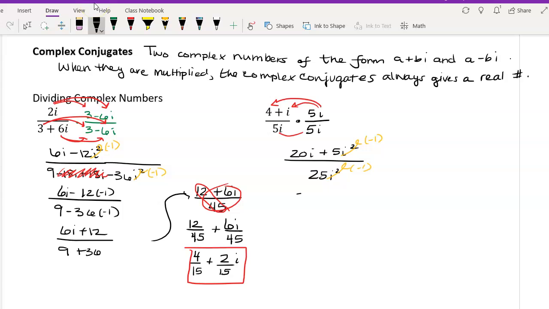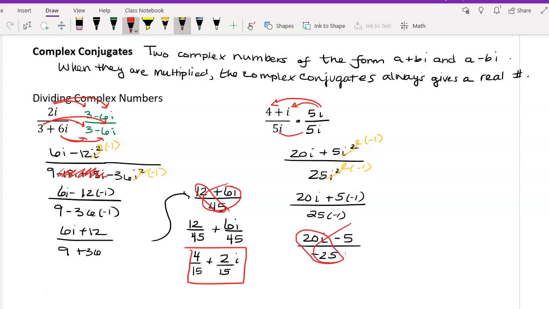So now I have 20i plus 5 times negative 1 over 25 times negative 1. When we simplify this out, we have 20i minus 5 over negative 25. And just like that previous example, we are going to separate these out and divide.